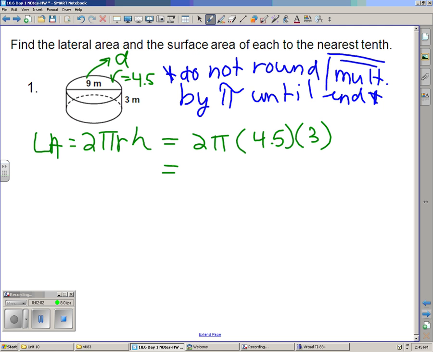When all of this gets multiplied out, you get 27 pi. We will round here for now because it wants the lateral area to the nearest tenth, and that becomes 84.8 meters squared. So there's your lateral area.